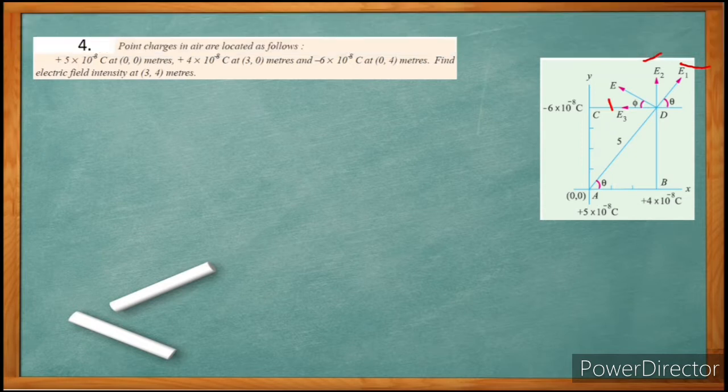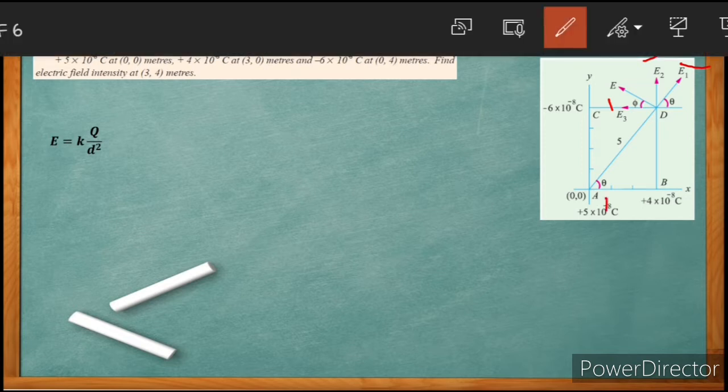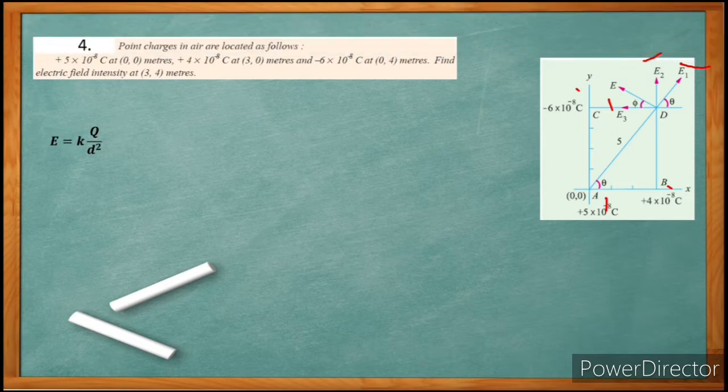For that, we will use the formula E is equal to K times Q over D squared, substituting the point charges of A, B, and C. First, let's find the electric intensity due to point charge A. So E1 is equal to, for the value of K, 9 times 10 raised to 9 newton meter squared per coulomb squared.